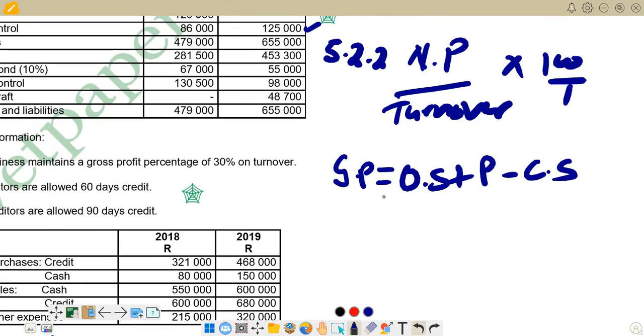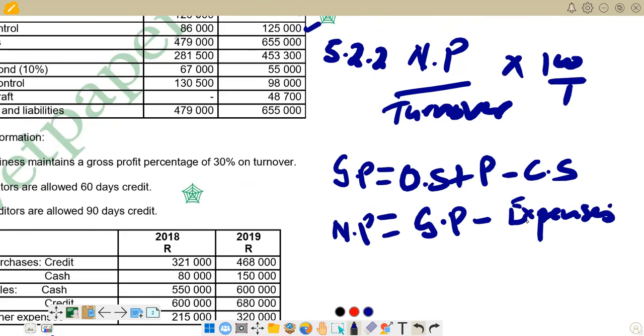After getting the figure for gross profit, we are now going to say our net profit is equal to gross profit minus expenses. We have a figure that we are given for other expenses here. That is the figure that we are going to put on expenses. Then we can substitute in our formula so that we get our net profit.